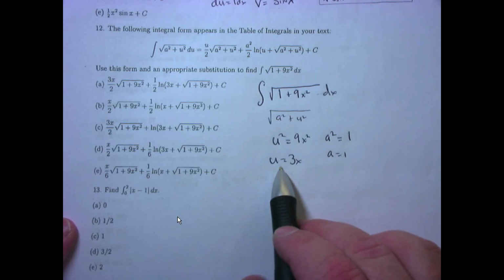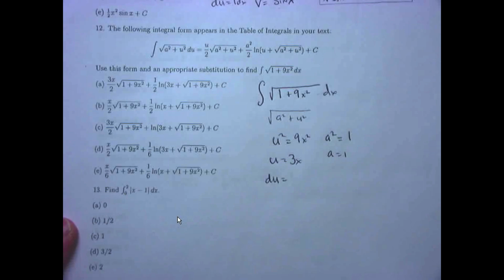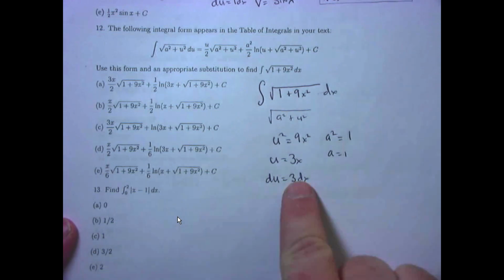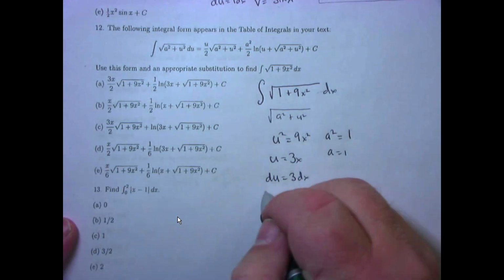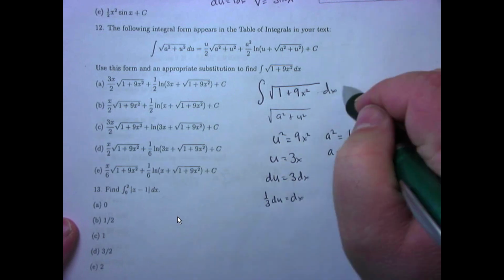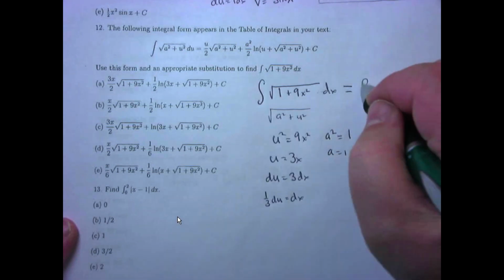But I remind you, when doing tables, it's all about u substitution. Once you have identified u, then you've got to do du. Take the derivative. What's the derivative of 3x? 3 dx. And what do you do with u substitution? You move the constant to the other side. That makes 1/3 du equal to dx. Now we're going to substitute all this stuff into my formula.